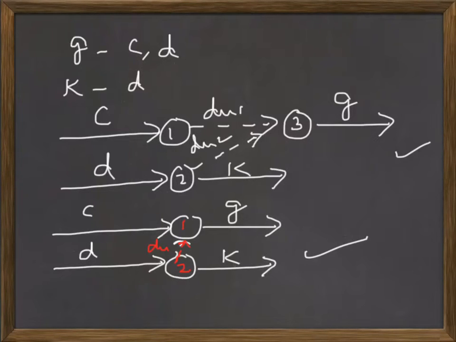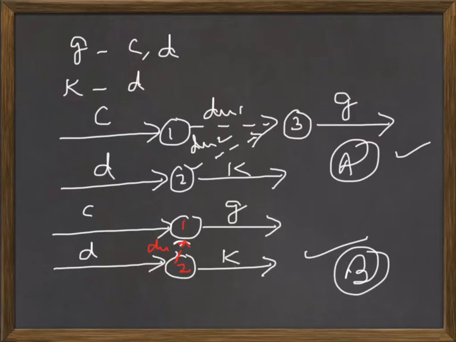If you look at these two network diagrams here, say this is network diagram A and this is B, you notice that in A there are three nodes, 1, 2 and 3. In B there are only two nodes. Both are maintaining the immediate predecessor relationship.